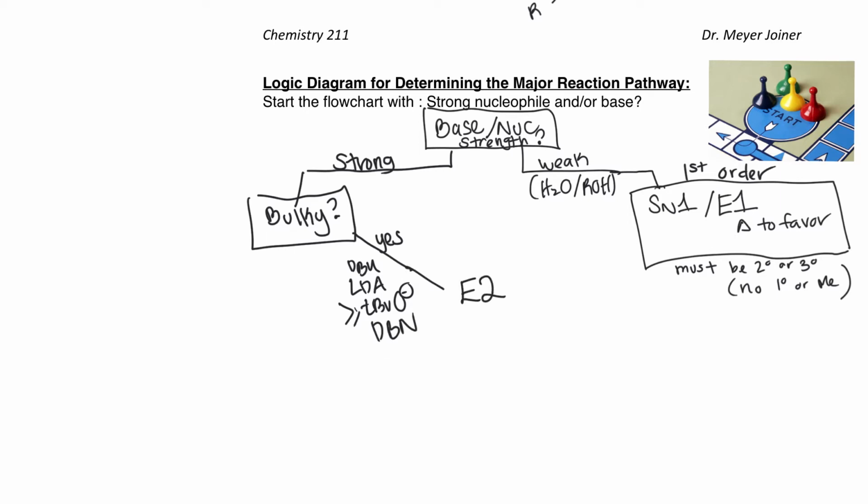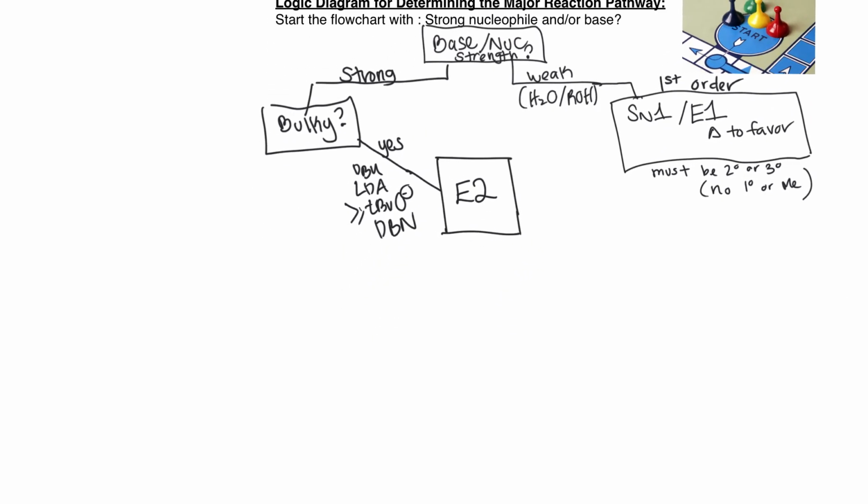So these are bases. These act as bases only because they are just too bulky to be a good nucleophile. Now let's think about the scenarios that are not bulky. So if the answer to that question is no, we're thinking the other alkoxides, like ethoxide, methoxide, right? Those are great bases and great nucleophiles.